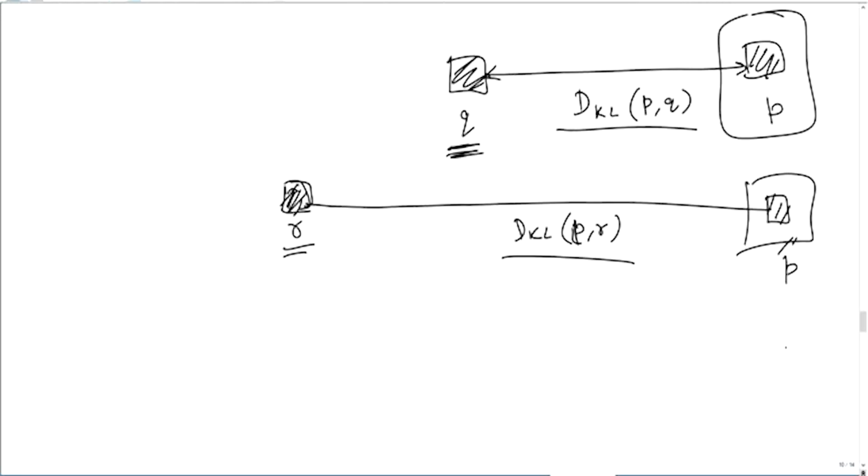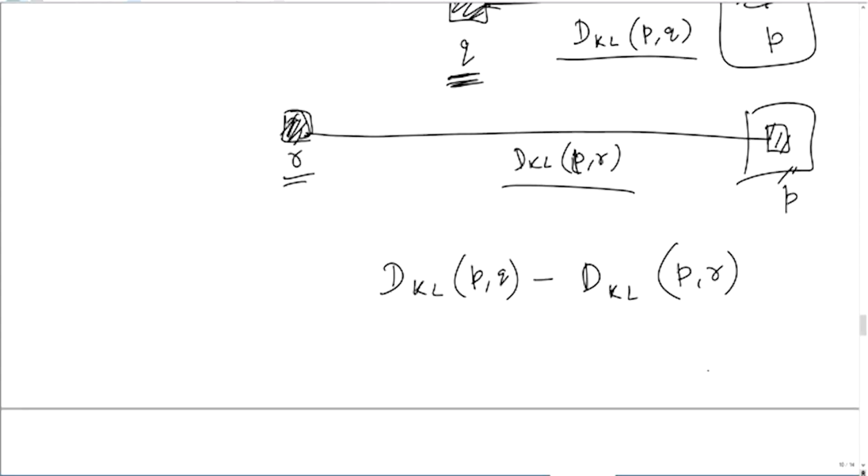We can compute this relative distance from Q to P by subtracting the KL divergence from R to P. This will give us a relative distance of model Q: how close is model Q to the truth compared to some model R?